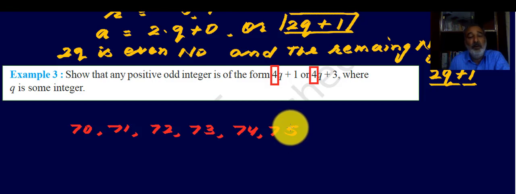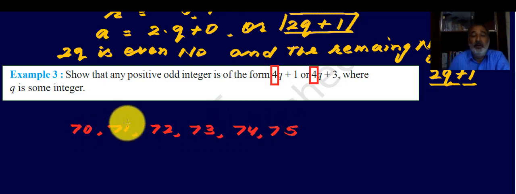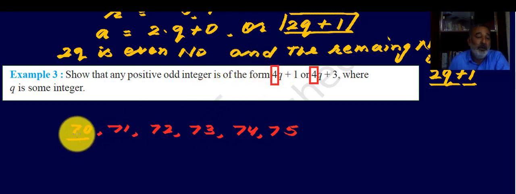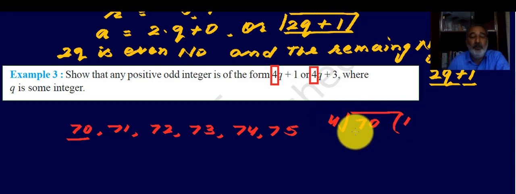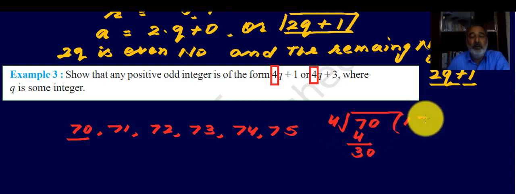This is not the way you can solve this question. Let's understand this process first. If I try to divide this 70 by 4, what will happen? Let's see. 4 1 is 4, 4 7 is 28, and the remainder is 2.